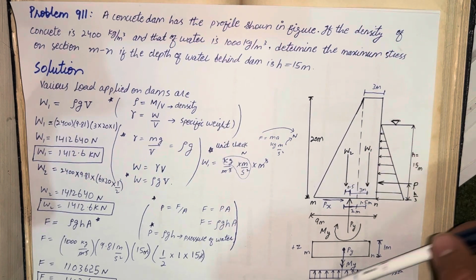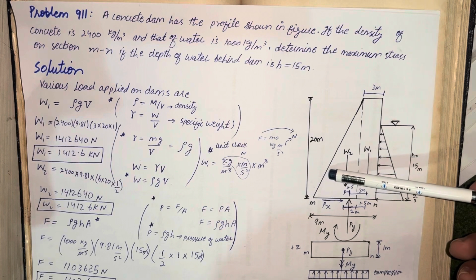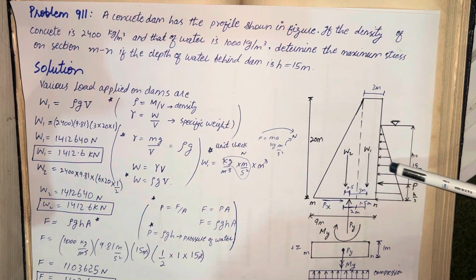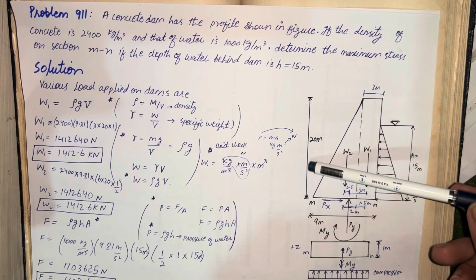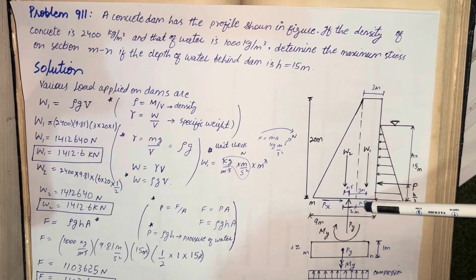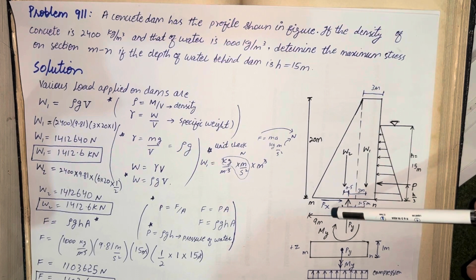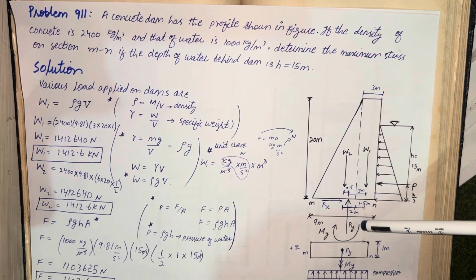When this force is trying to overturn the dam, it will create a moment in the anti-clockwise direction. So the reaction to balance this will be in the clockwise direction.